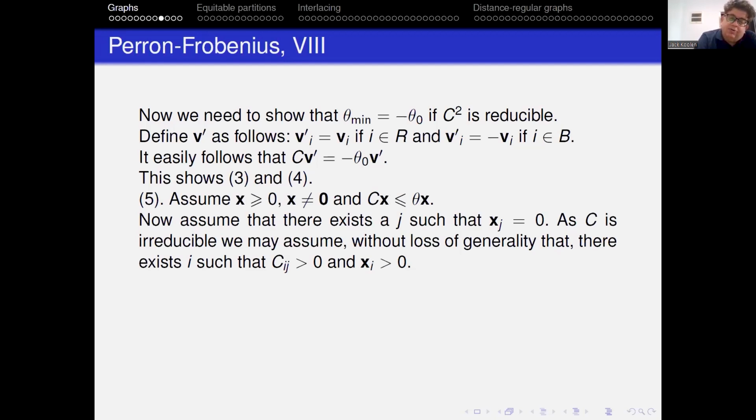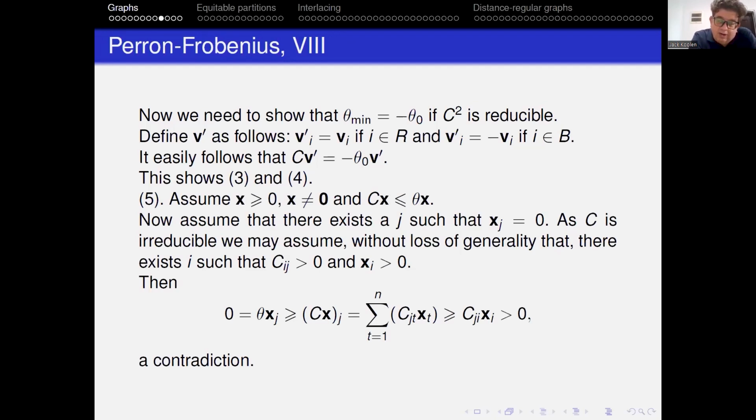Yeah, the main point is, we get that this is 0, but that is greater or equal to, by the assumption, Cxj. And that is by definition the sum of these neighbors.